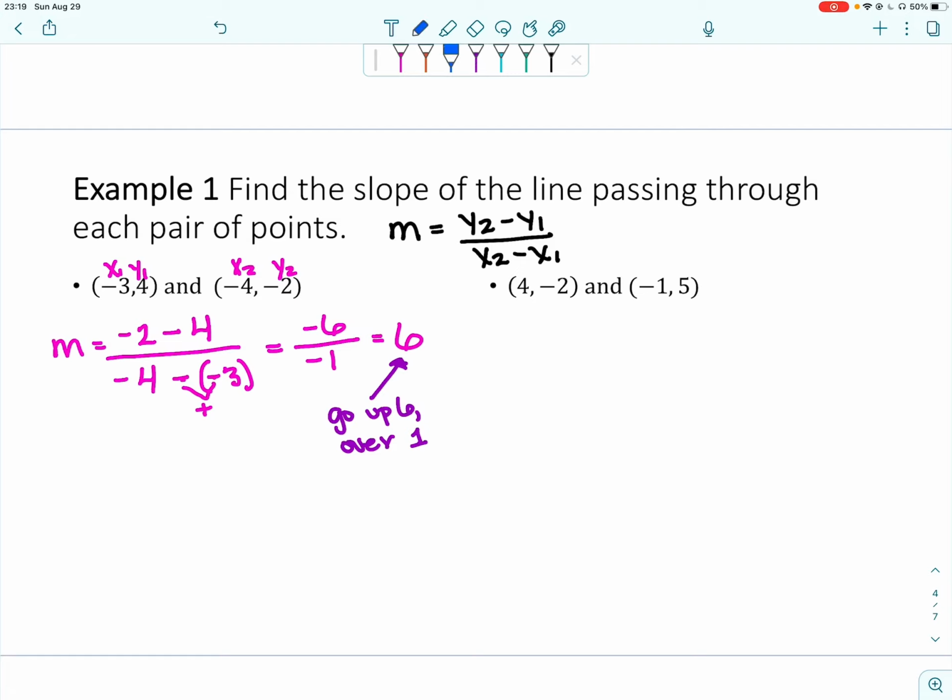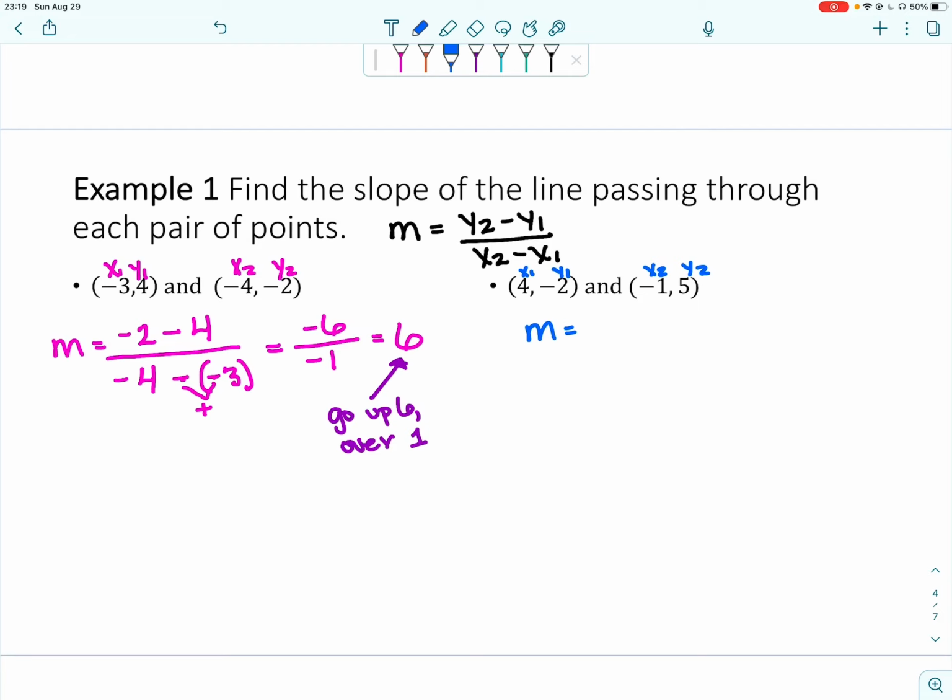So our next one, again, I'm just going to arbitrarily say x1, y1, x2, y2. Doesn't matter. I could have flip-flopped the 1s and the 2s, but the 1s and the 2s have to stay together.